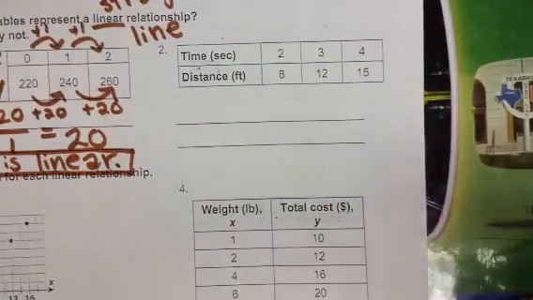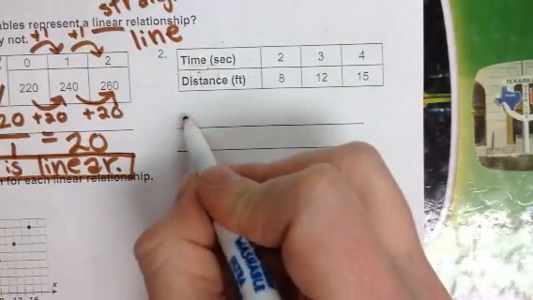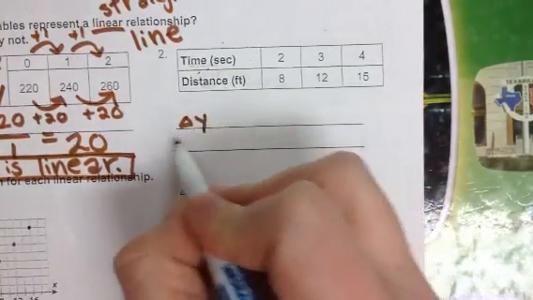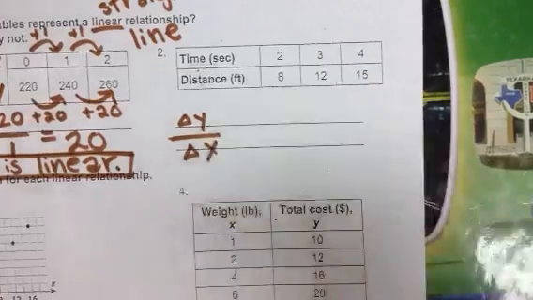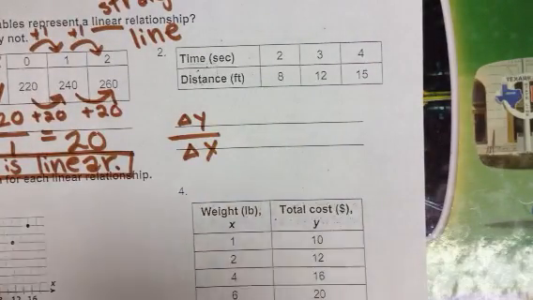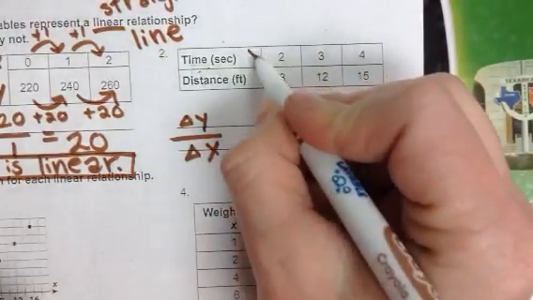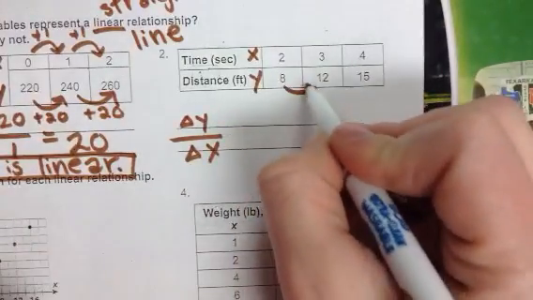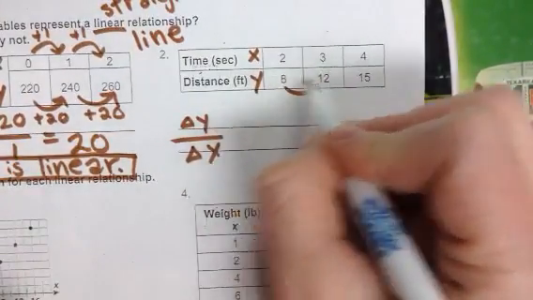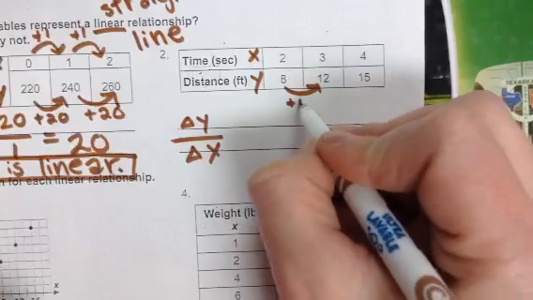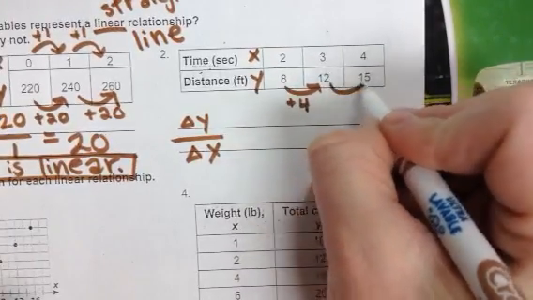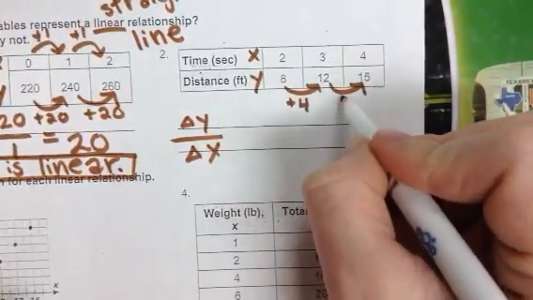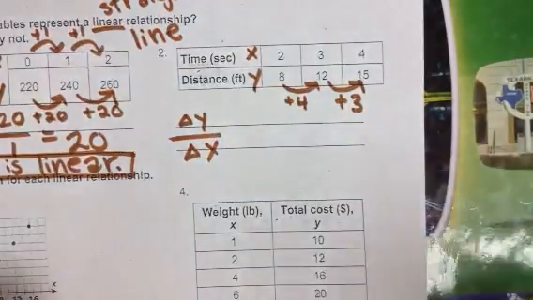Number 2, I'm going to check to see if the change in y over the change in x is constant. Because if it's constant, that means it is a straight line. So x is on the top, y is on the bottom. If I look at that first change in y, from an 8 to a 12, it added 4. But then from 12 to 15, it's adding 3.